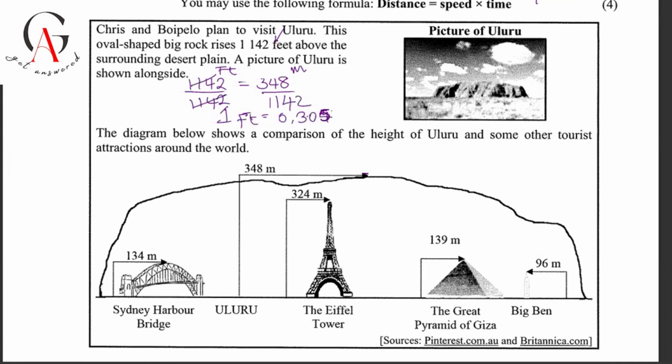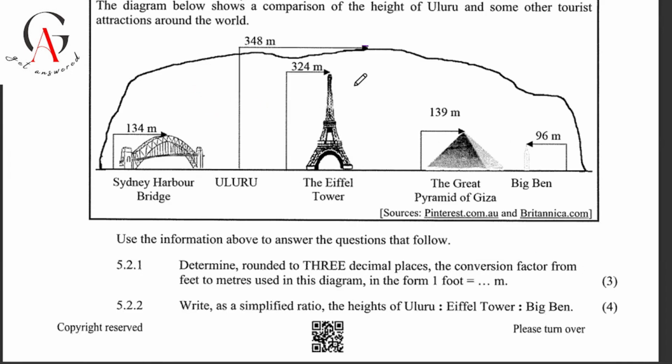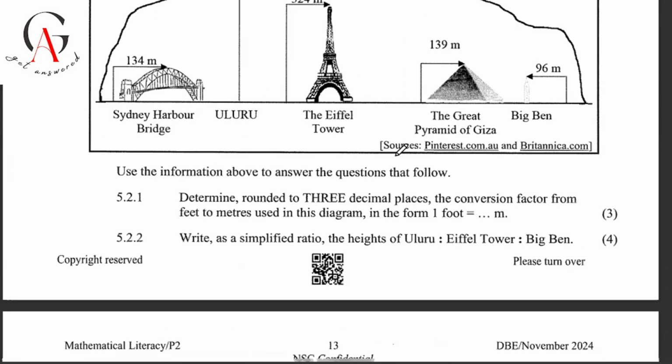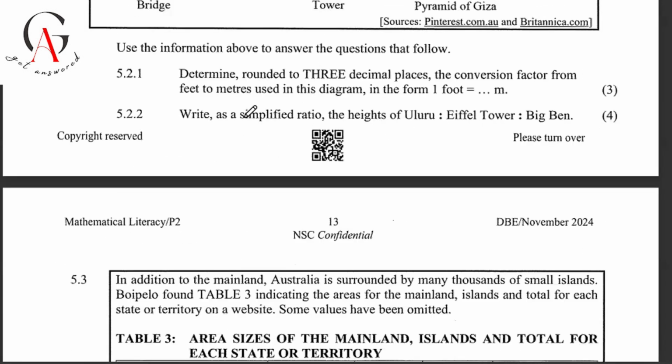So that is the answer there. 1 foot is equivalent to 0.305 meters.